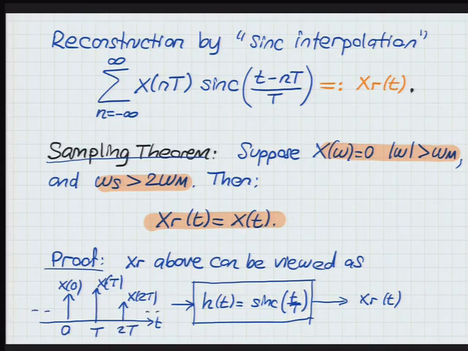So you create all this sequence of impulses with amplitude multiplied by the sample values and feed it into an LTI system whose impulse response is the scaled sinc. Then the output of that would be the reconstruction that we were talking about. Is that clear? That's a very important step, so make sure that's clear.